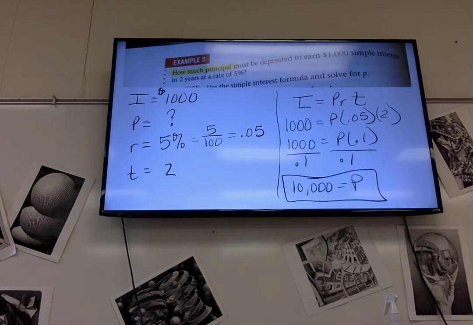So if you have a goal, this is a very useful kind of problem. Like, if you're trying to save up $5,000 to go on this big vacation, and you know how much money you have to start with, and you know what the interest rate's going to be, then you can figure out how long it's going to take you to get there.